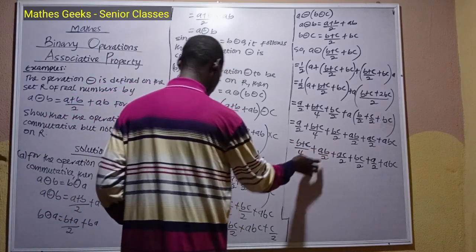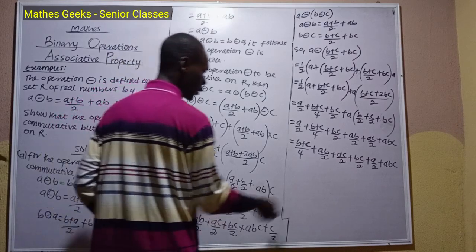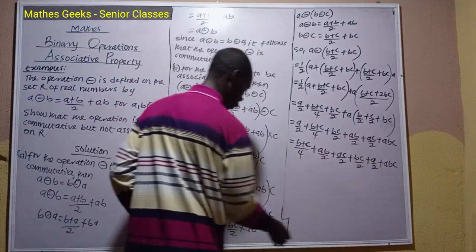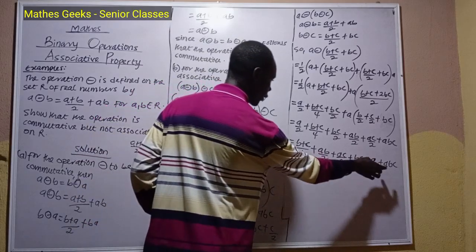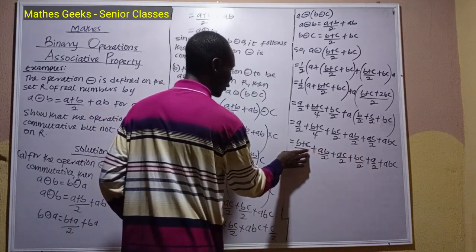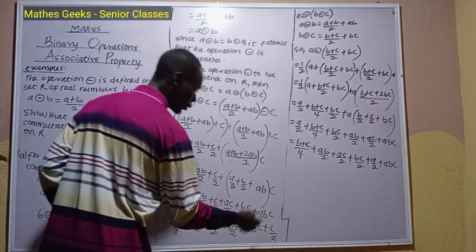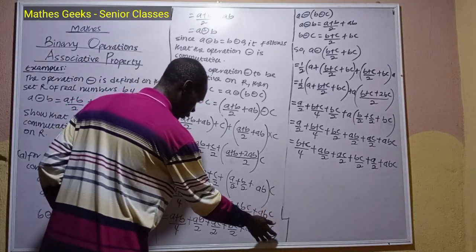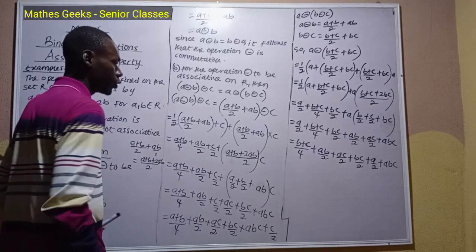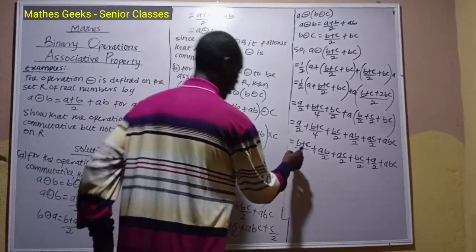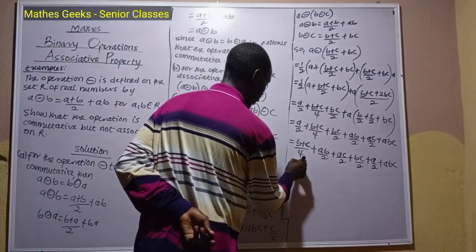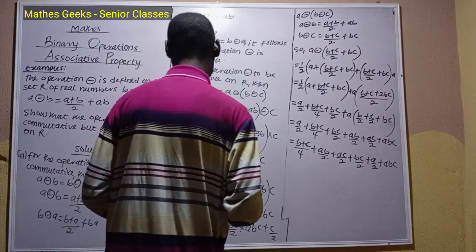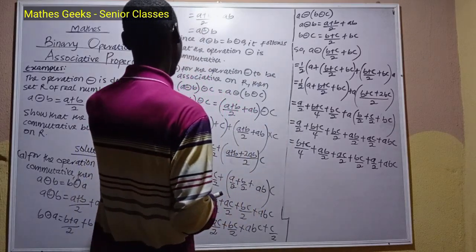Then here we have B over 2, which is the same, AC, BC, A over 2. Here we have A over 2, but here we have C over 2. So this term and this term, they are not the same. So for this reason, you can say that A operation B operation C is not equal to A operation B operation C.